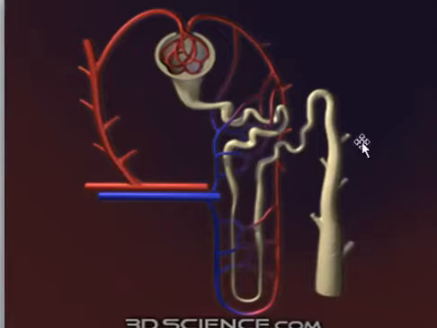Now, the renal tubule. This is the renal corpuscle, and from here the tubule starts. The first is the proximal tubule, which has a convoluted part and a straight part.